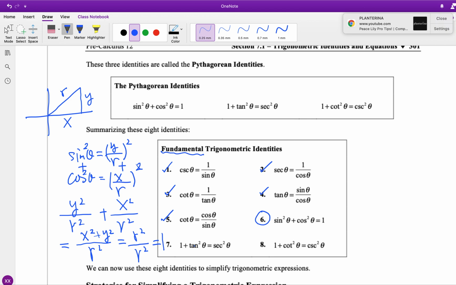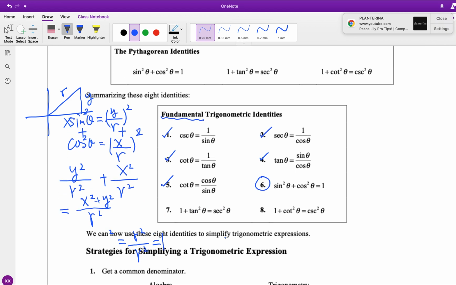Now, if we're talking about this, then tangent squared is sine squared over cosine squared. So that means 1 plus sine squared over cosine squared. Most of the time, I don't even write this theta. I'm just being lazy, so I just do this. So I use the denominator, which is cosine squared.